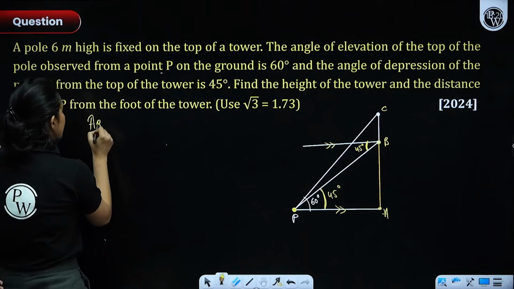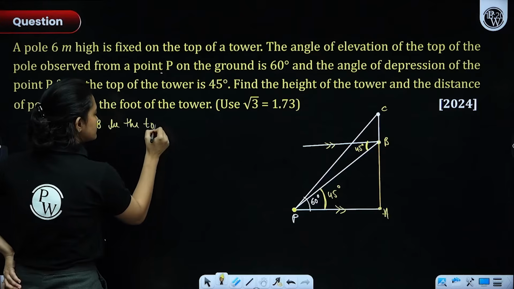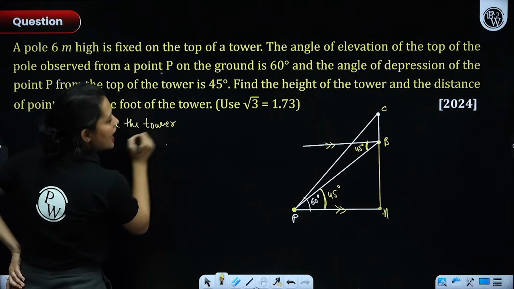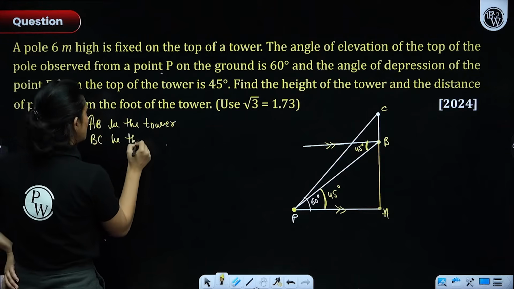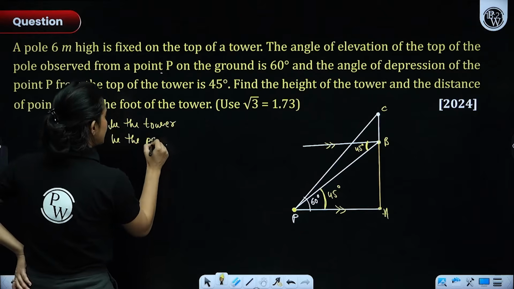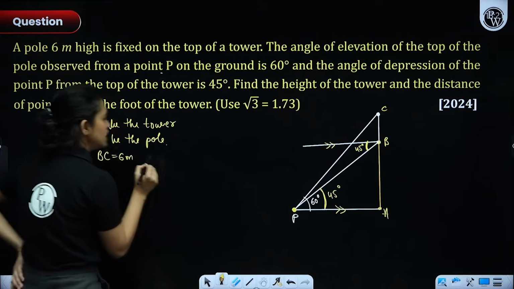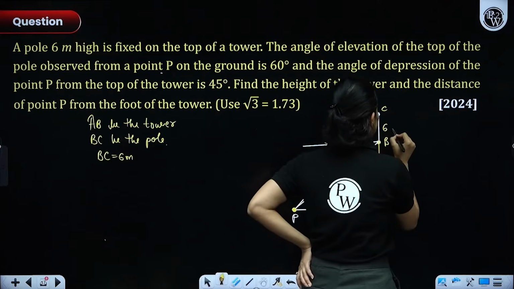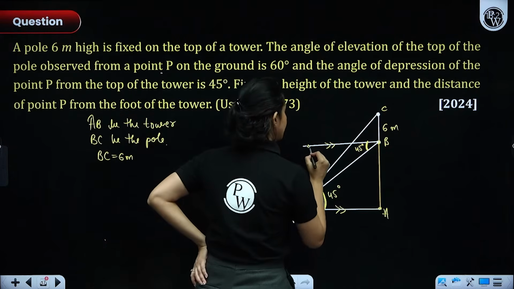We are going to write: let AB be the tower, and BC be the pole. The length of BC is given as 6 meters. You can clearly see this. Another thing that we are going to say is this. We'll write it down here.